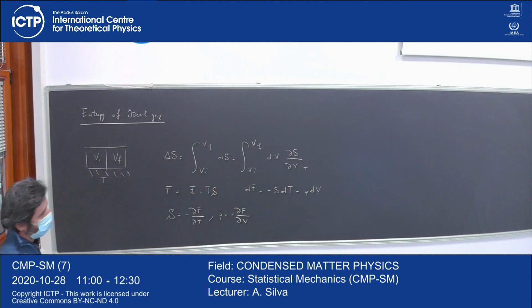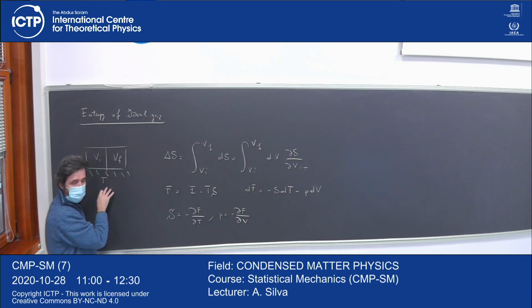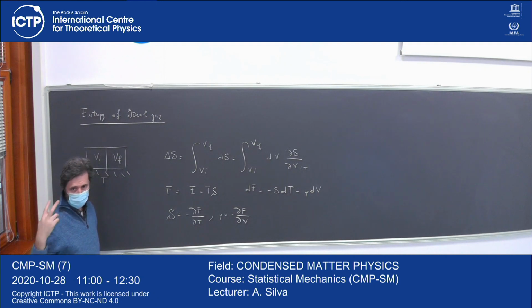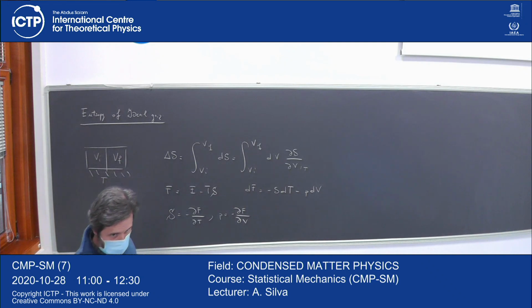Okay, so now you look at this. You understand what I want to calculate? Since I'm using T, V, and N as free variables, I have to use the Helmholtz free energy as my thermodynamic potential.